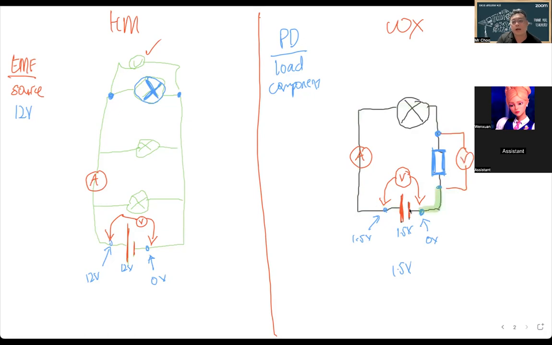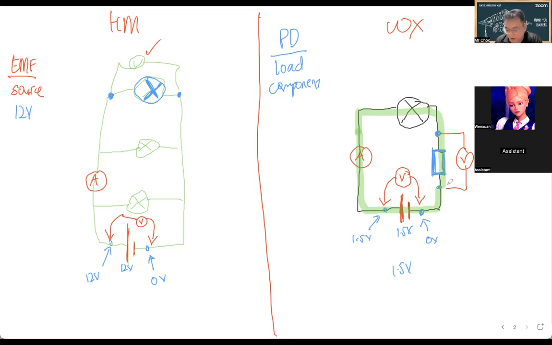You want your current to move as per normal, not going to the voltmeter. So to avoid that, the internal resistance of the voltmeter ideally must be as high as possible, so your current will not go into the voltmeter. Are you clear about this?